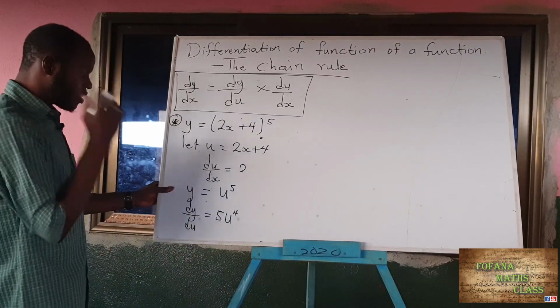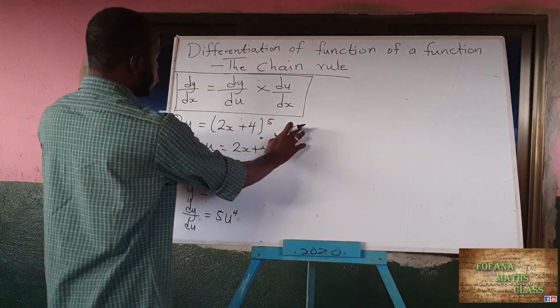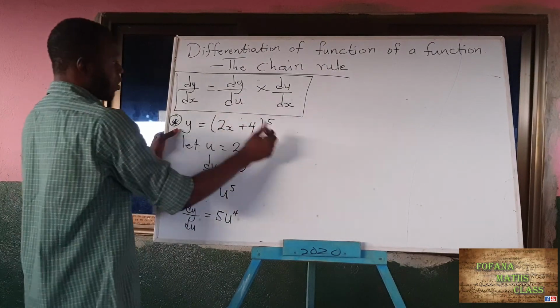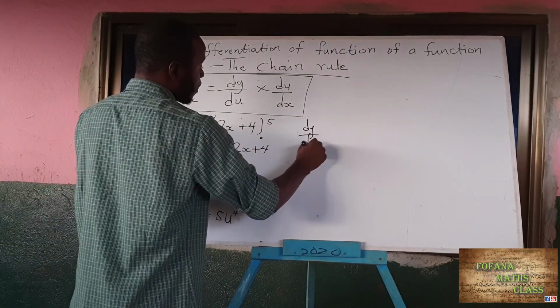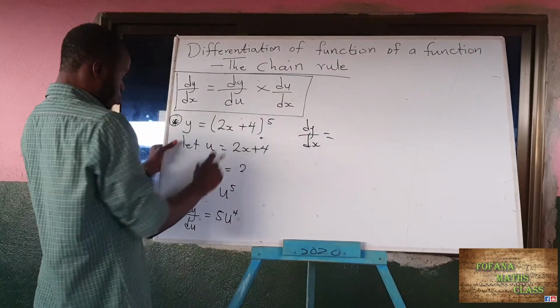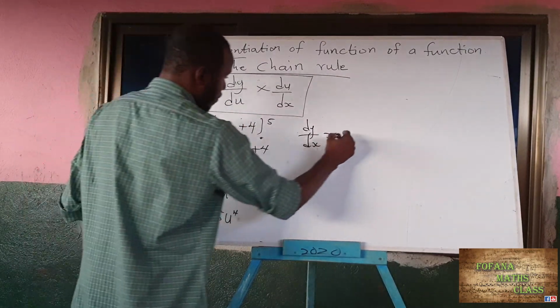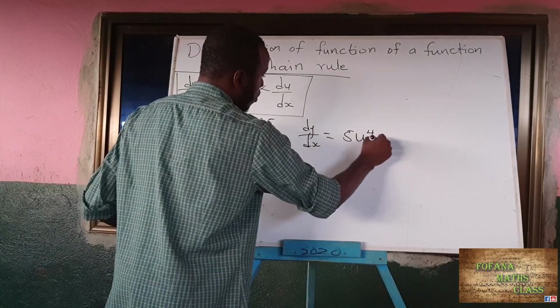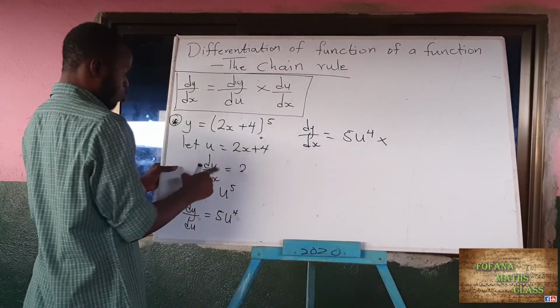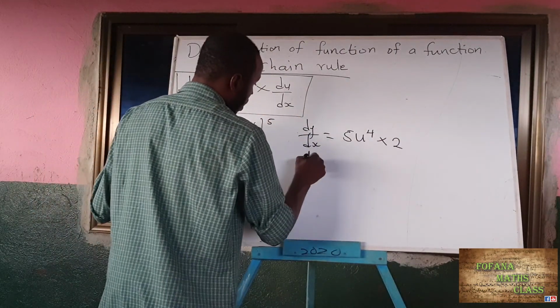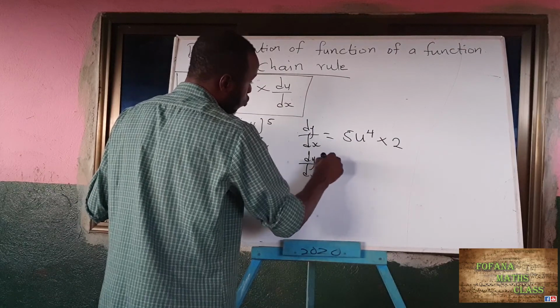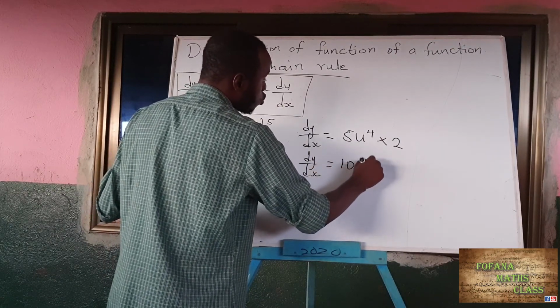After differentiating it in this way, you put these values into the formula, which is dy/dx equal to dy/du times du/dx. So we have dy/du here, which is 5u to the power 4, times du/dx. The du/dx is equal to 2. So now we have our differential coefficient, or the derivative, to be 10u to the power 4.